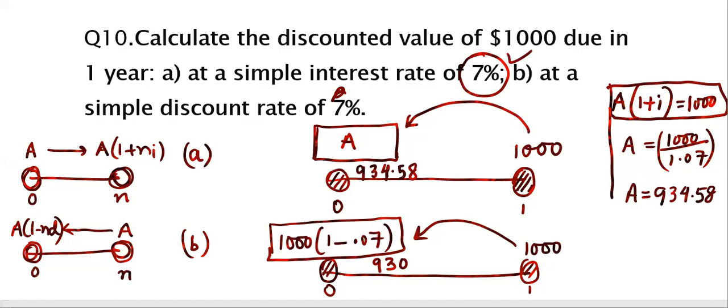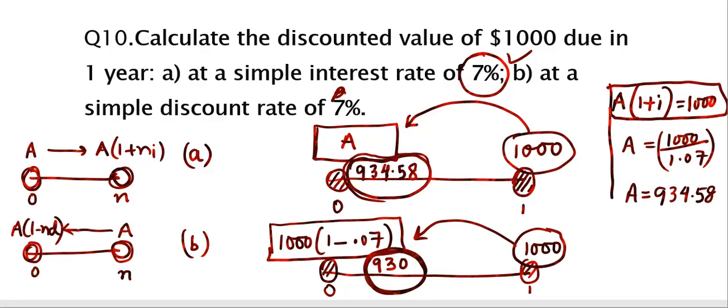But now the question is, calculate the discounted value of 1000 due in 1 year. This is the discounted value, right? So how do you calculate it? It depends on whether i is given or d is given. I wanted to compare with this one. See, 930 here, 934.58 here.